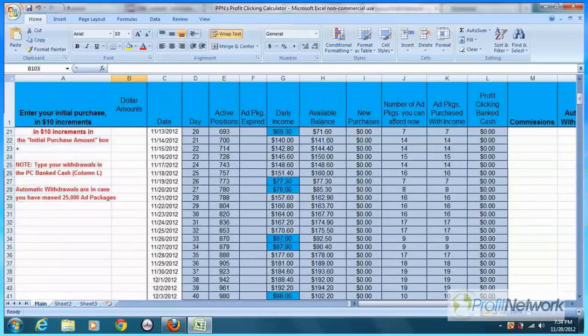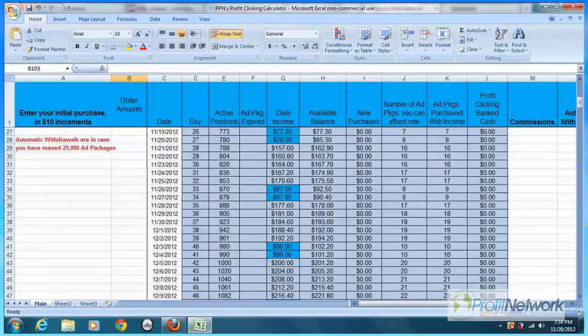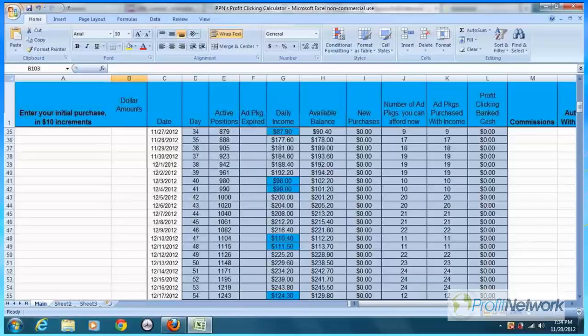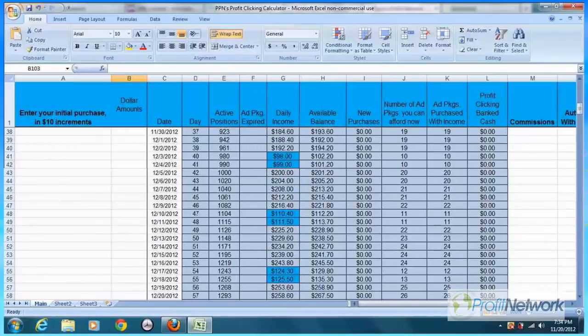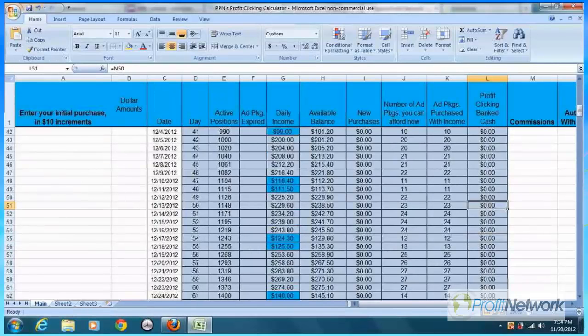We're going to go down to day 50, which is December the 13th. And if you want to continue to purchase a little bit extra days, that's no big deal. It's up to you how you want to do it. But I try to cap myself at day 50. It is a little hard for me to stop purchasing because I love to see my account grow, but it's something that I have to do.